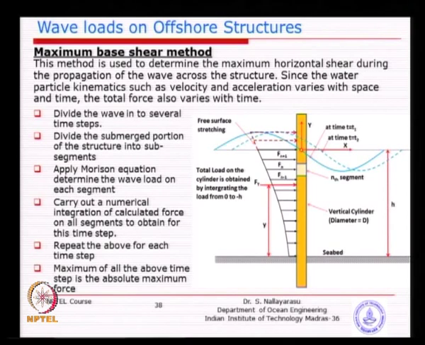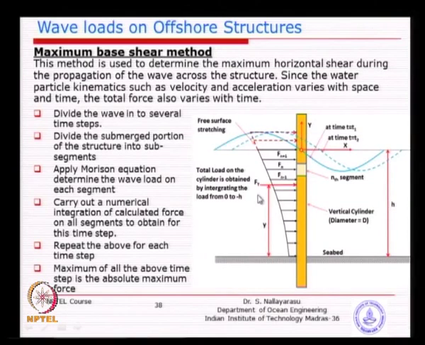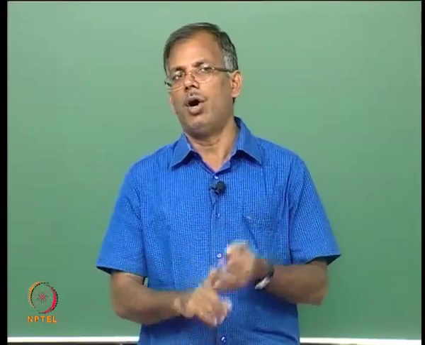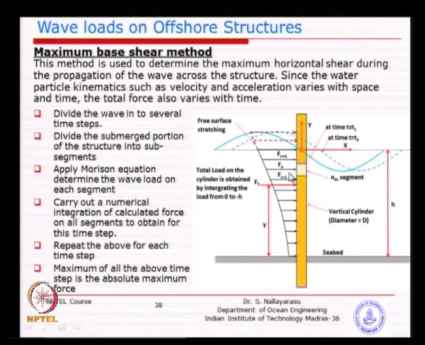So, x is 0 and z is varying, and we divided the whole member into several subsections. For each subsection take the center coordinate z equal to whatever number comes, calculate the velocity and acceleration; all other terms are constant. Substitute, and you find the force on each element multiplied by that 1 meter.